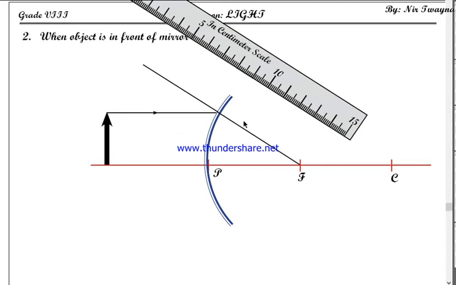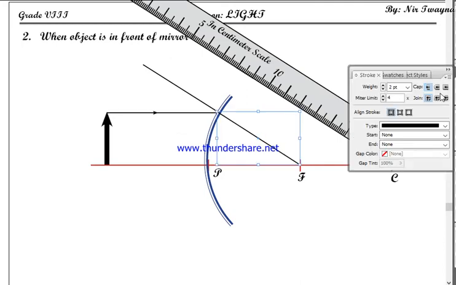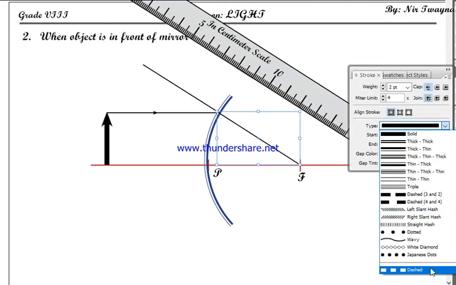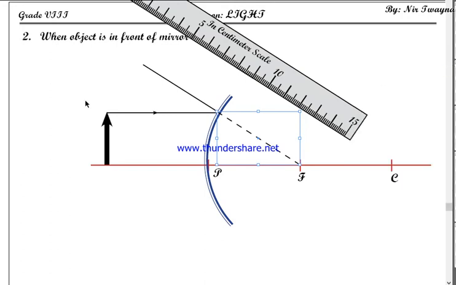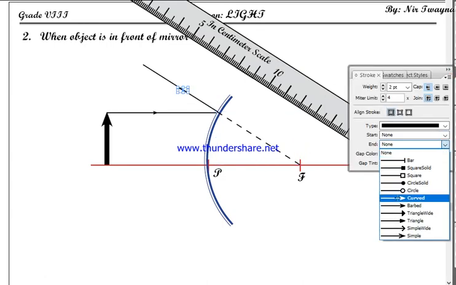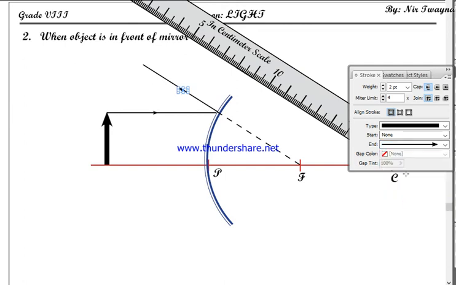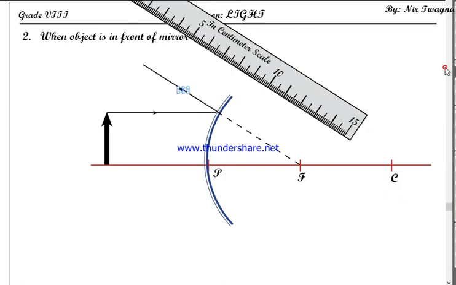This line must be dotted or dashed, and the reflected ray, this is a real light ray, isn't it? The solid light ray means real light ray, and the real light ray must be with an arrow.